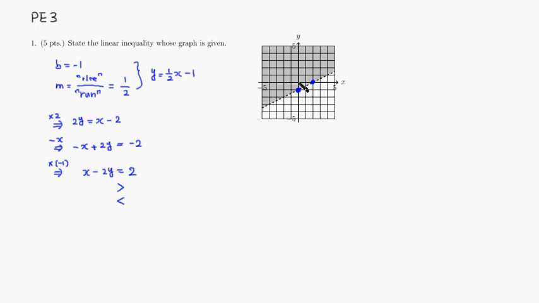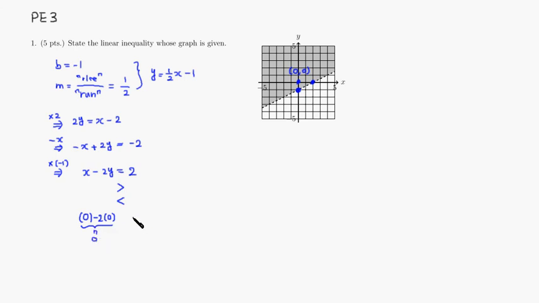The origin is right here, which is (0, 0). Whichever inequality is satisfied when you plug in x equals 0, y equals 0 is the one we pick. So x minus 2 times y is 0 minus 2 times 0, which is obviously 0.